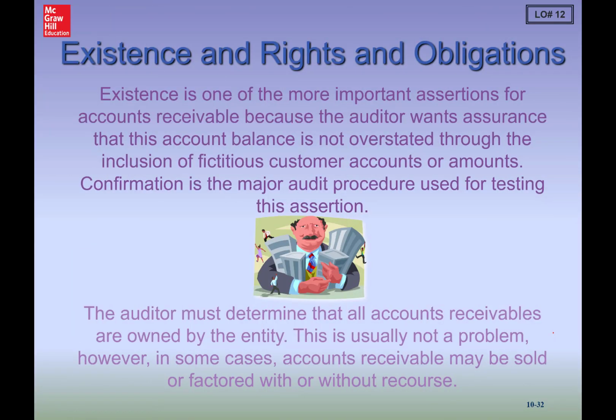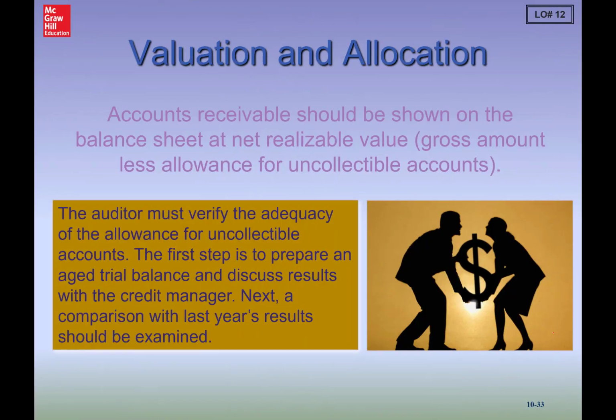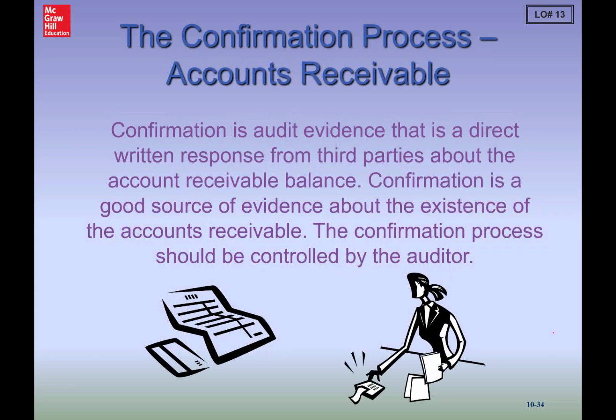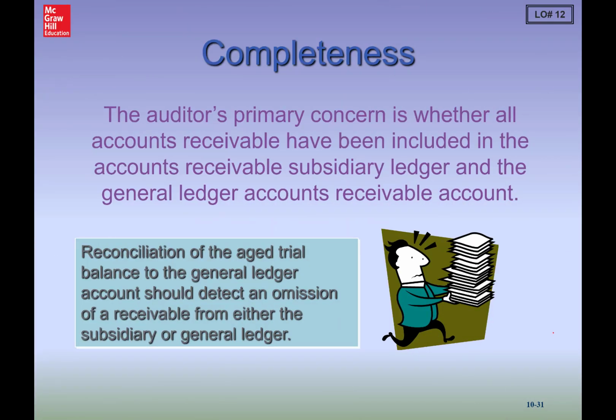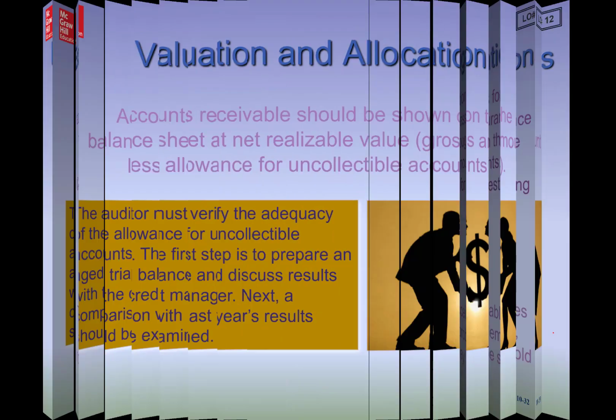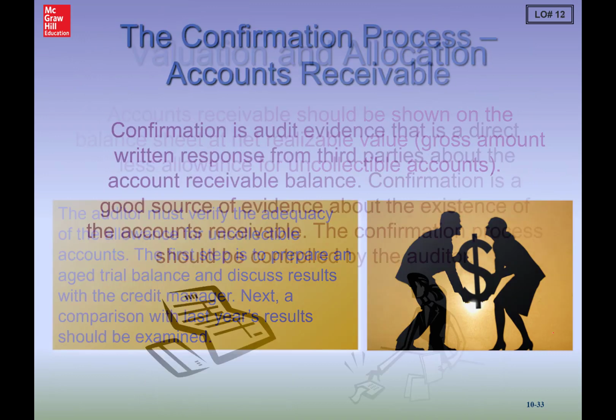Okay, existence assertion, again, going the other way. Valuation. Okay, this is the one that I'm interested in because we're talking about the allowance, right? So we go ahead, well, not yet. We go ahead, so really, these are the essentials. Existence, completeness, existence, valuation.